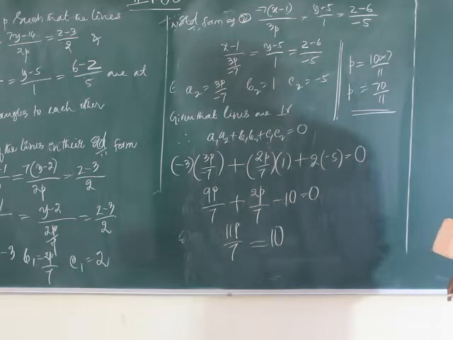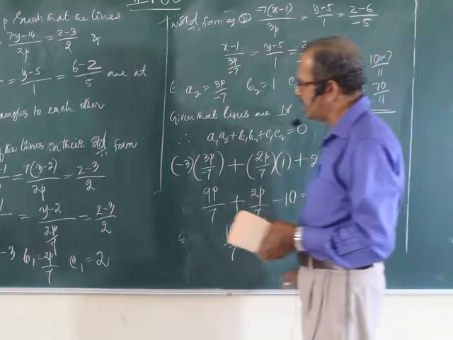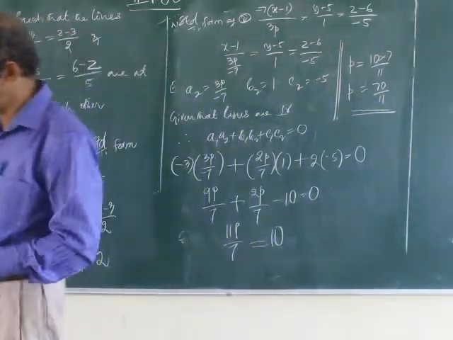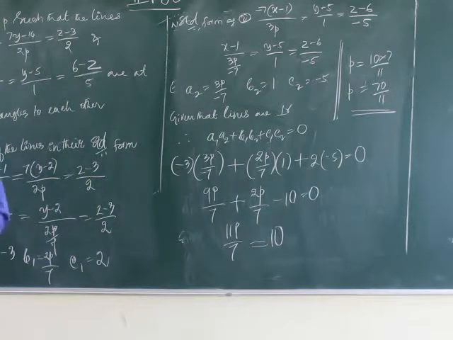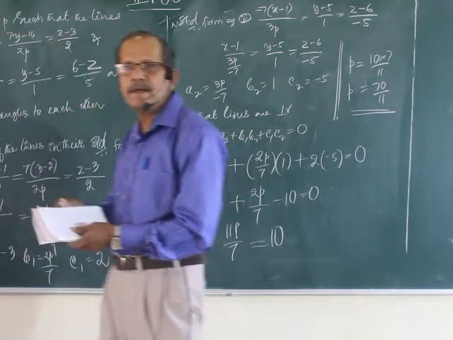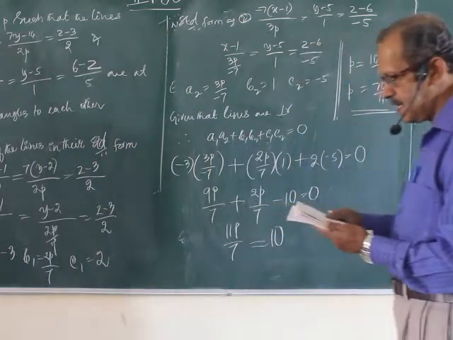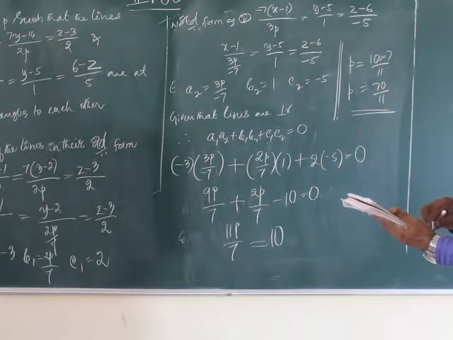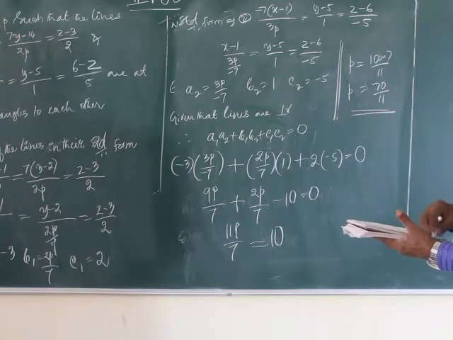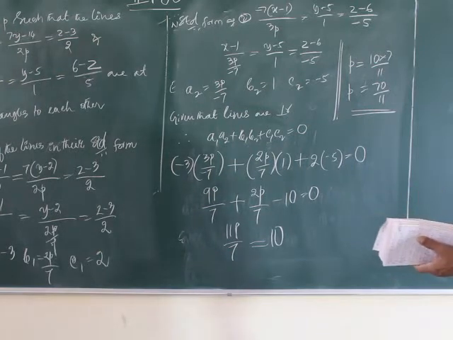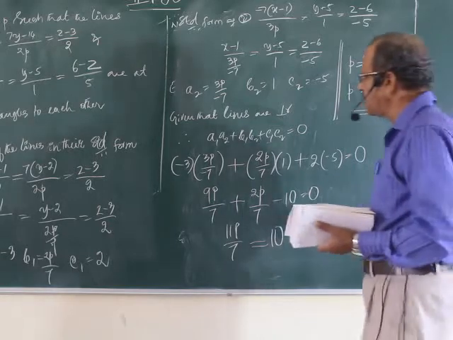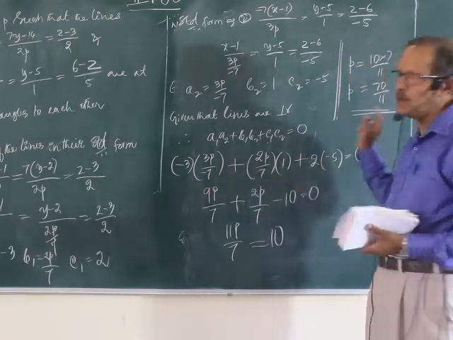Find the value of p such that the lines are perpendicular. Dot product is 0, so calculate the value of p. For parallel, direction ratios are proportional. For perpendicular, the sum of the product of direction ratios equals 0.